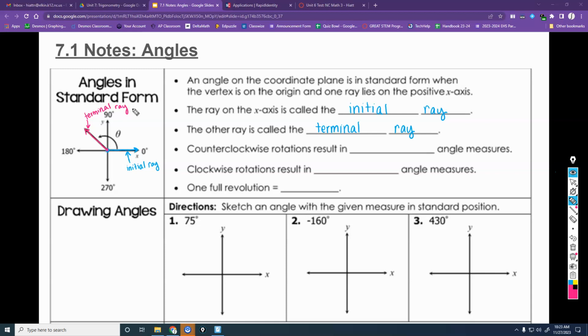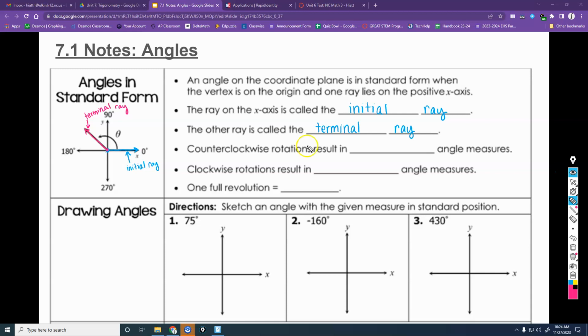When we're talking about angles on the unit circle, we're not doing that until tomorrow. When we talk about angles on the coordinate plane, on the xy axis, and they're in standard form, we can talk about those angles as positive angles or negative angles. Angles that are positive go in the counterclockwise direction.